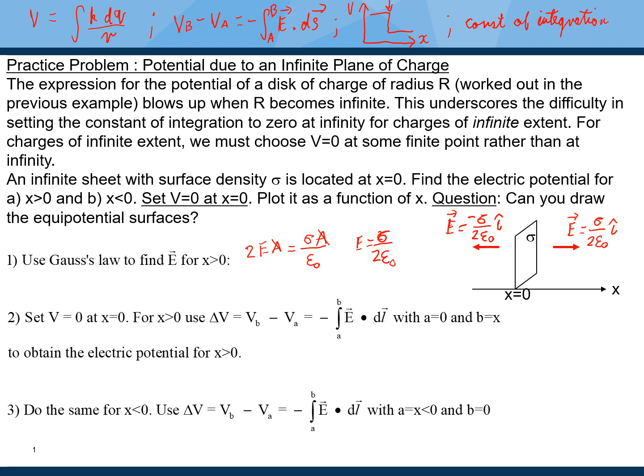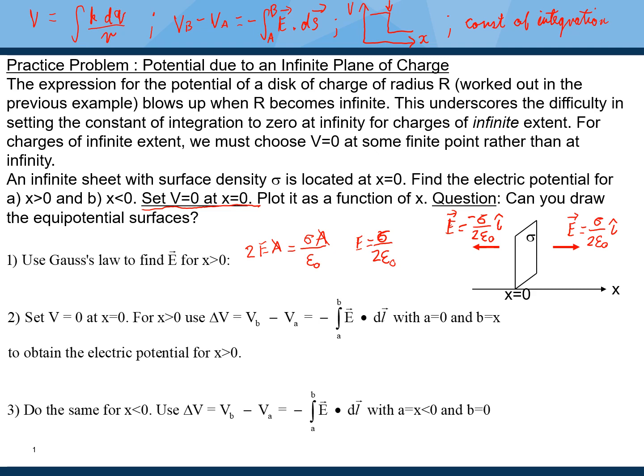Notice that this is an infinite sheet of charge, and so we've been very conveniently told that we can set V equal to 0 at x equal to 0. Namely, at the location of the sheet itself, we can set the potential to be 0.